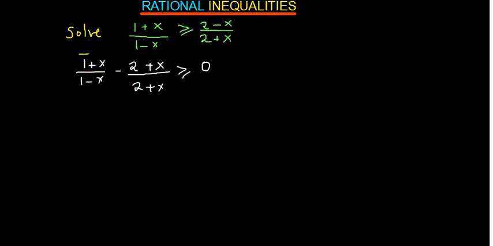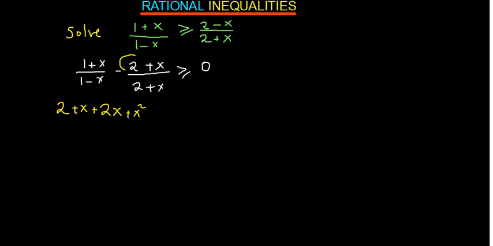So I'll say 1 multiplied by 2, that is going to give us a positive 2. And then 1 multiplied by x, that will give us positive x. And then x multiplied by 2, that is going to be positive 2x. x multiplied by x, that will be x squared.